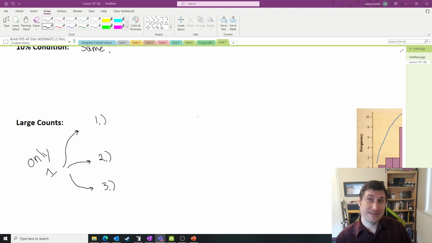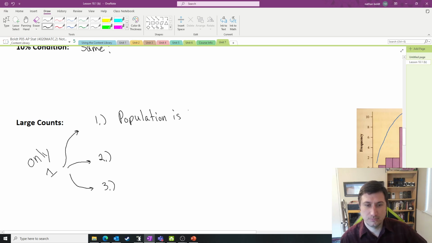There's 3 ways that can happen. 1, if the population is normal, then the sampling distribution will also be normal, no matter what. We actually already knew that.